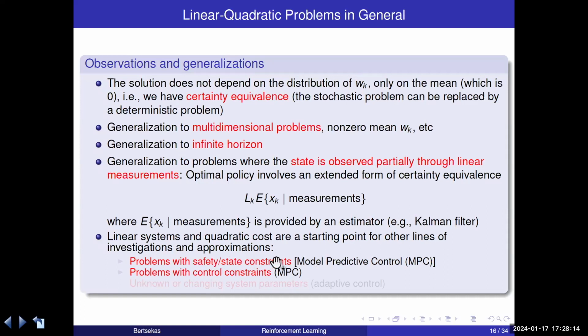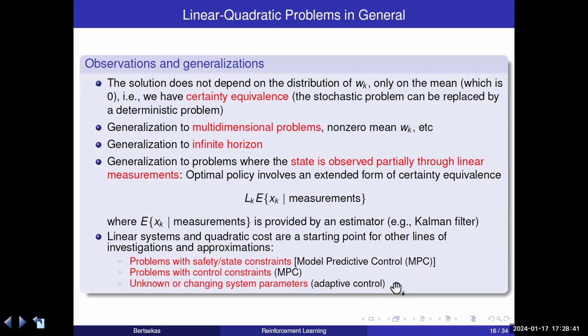But these constraints arise very often in practice: self-driving cars, model predictive control, chemical process control. And again, the linear quadratic problem comes into play through approximations in this type of design methodologies. State constraints as well as control constraints.